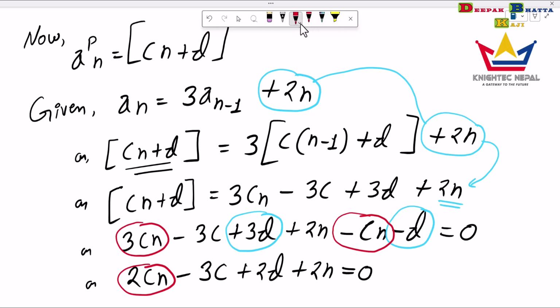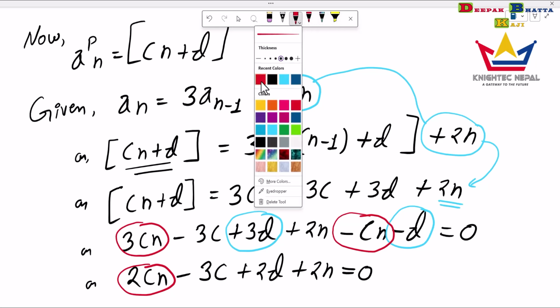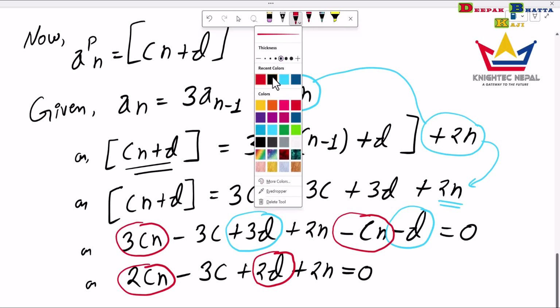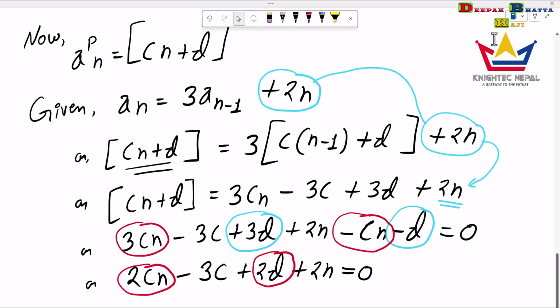So we got this 2d. So remaining as it is, minus 3C plus 2n equals to 0. So we are reducing the terms, having the same term, we are subtracting or adding. Note it down in your copy. For the easiness, write it down in your paper.